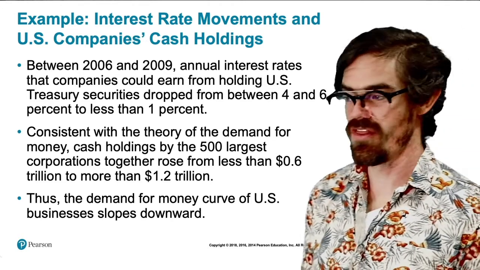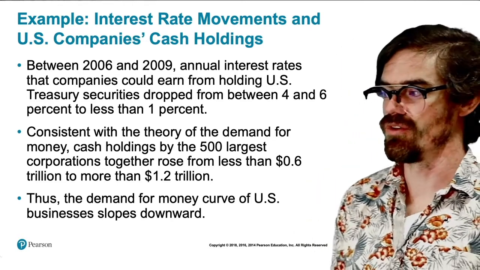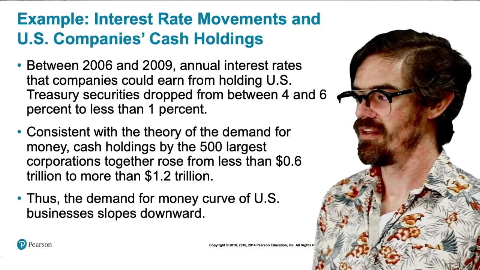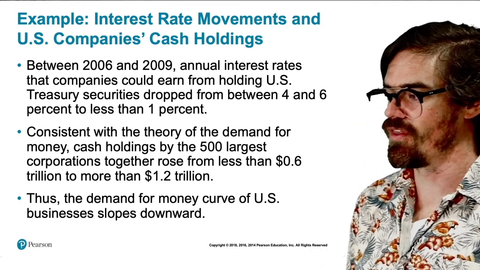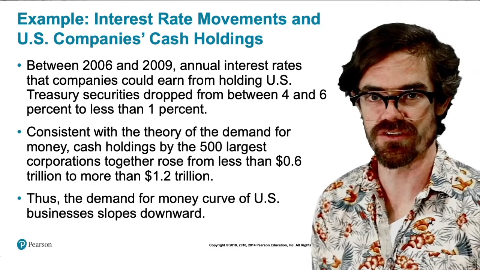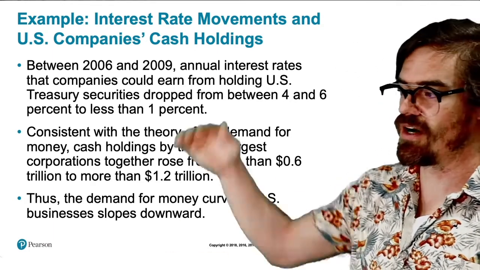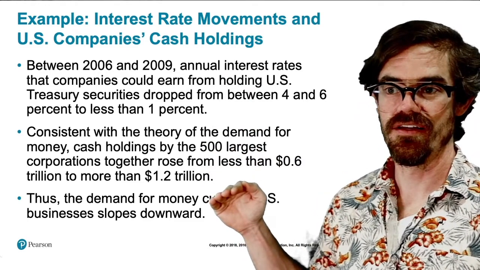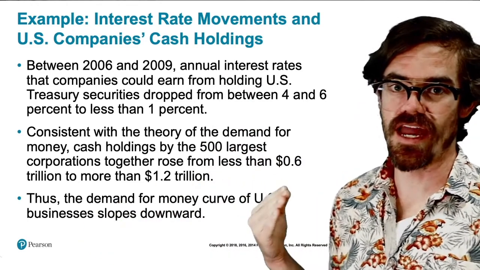Consistent with the theory of the demand for money, cash holdings by the 500 largest corporations together rose from less than $0.6 trillion to more than $1.2 trillion. So as the price of lending money went down, they held more cash.